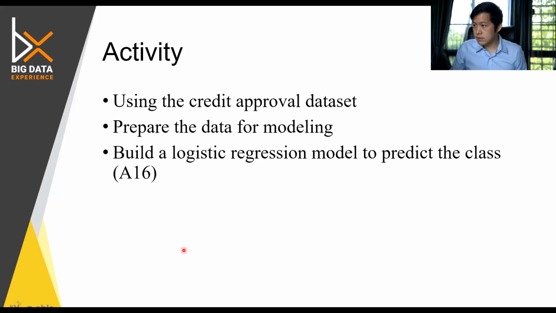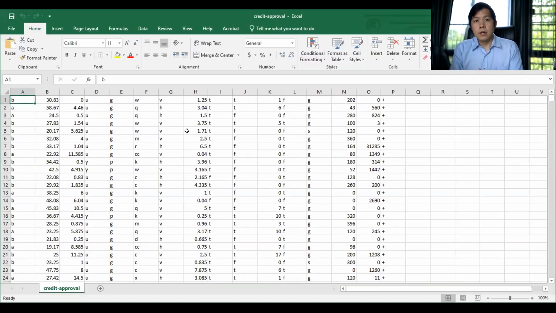Here is the credit approval data set, I can share that with you. Note that there is no header. Find out yourself how you can read data without a header into R, right?